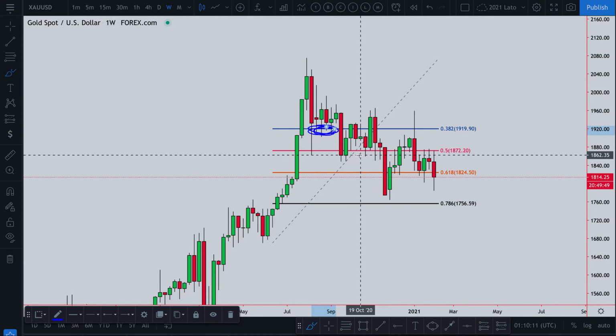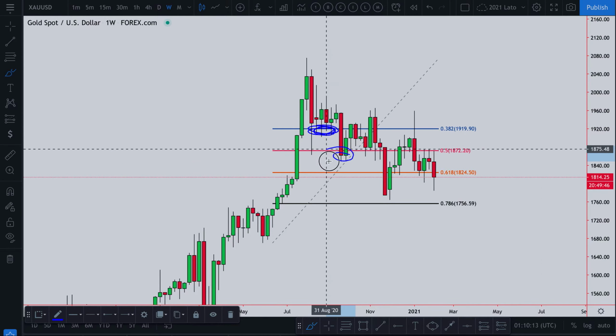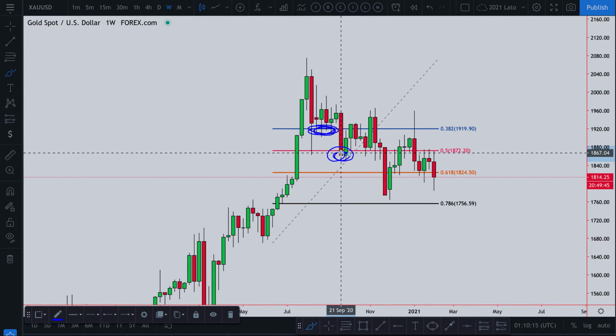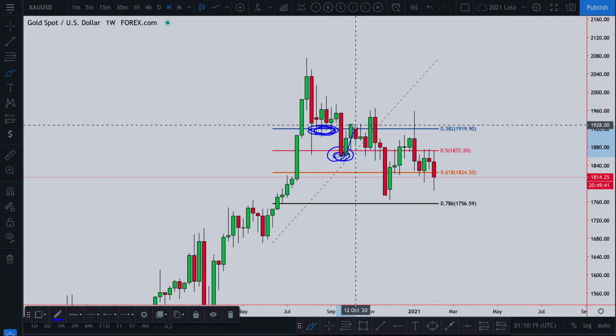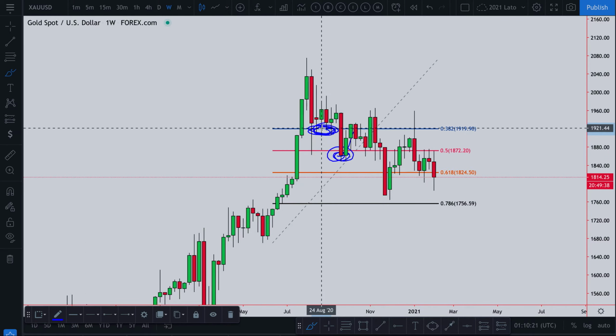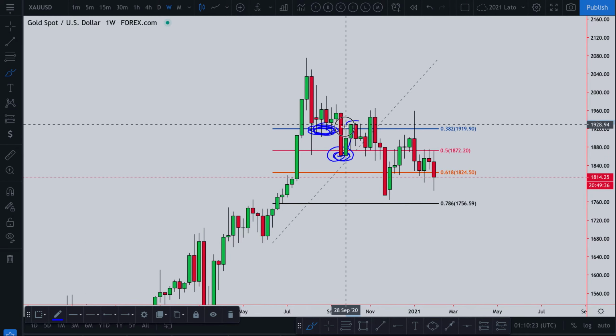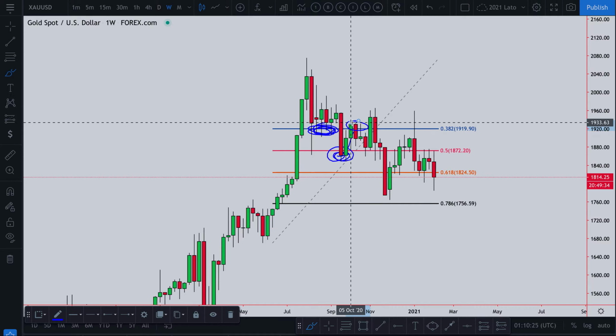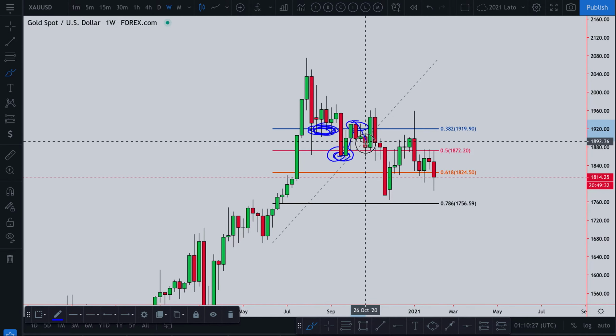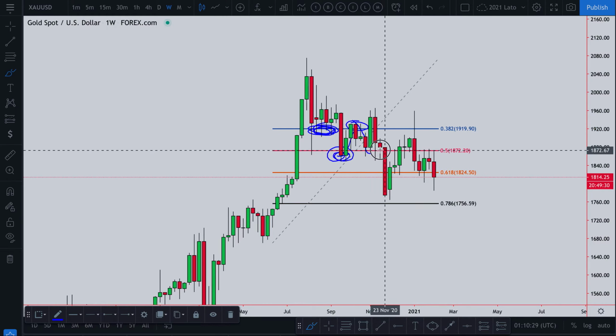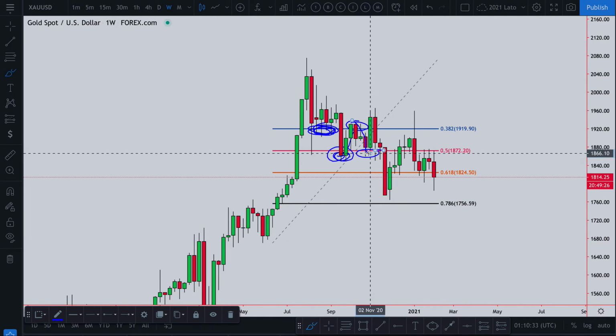Then the market tested the 0.50 Fibonacci level and went back up. Because of that strong support, the market found strong resistance, came back down, tested that 0.50 level for a couple of weeks, and then went back up.